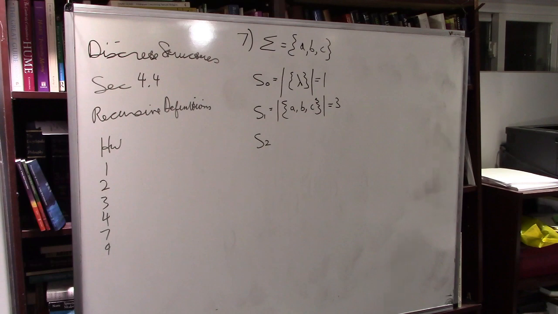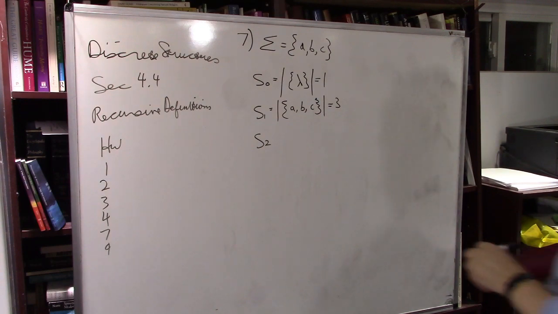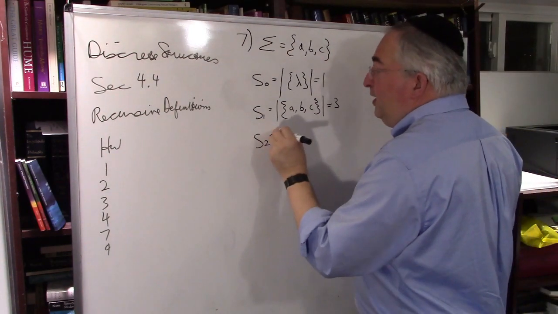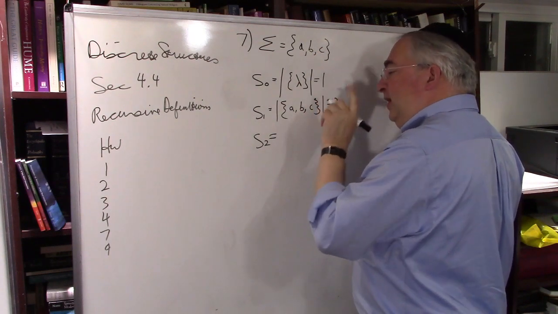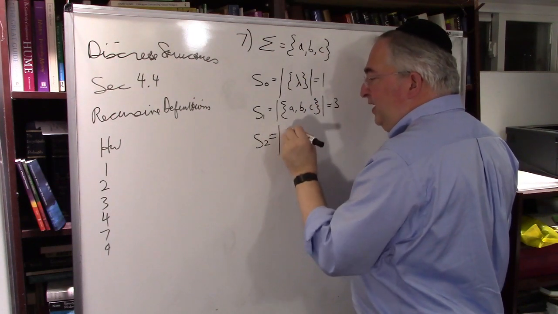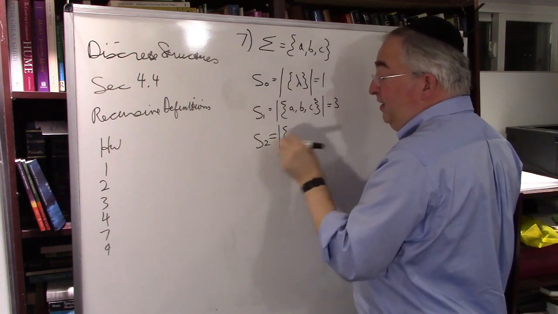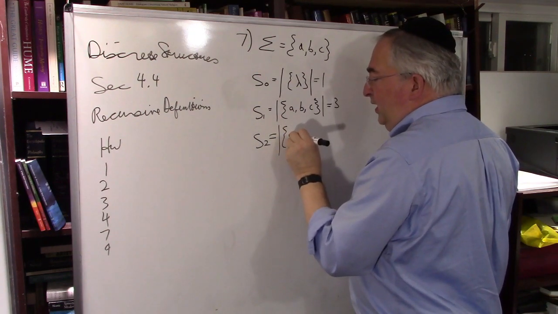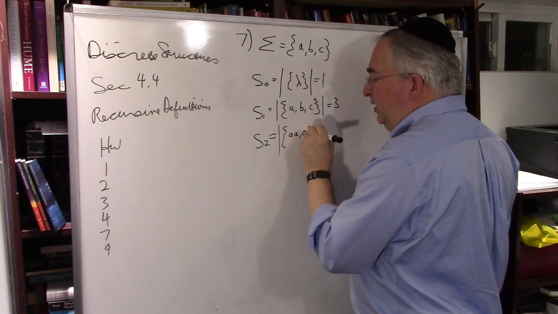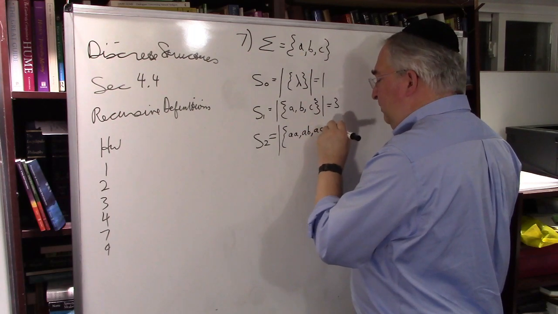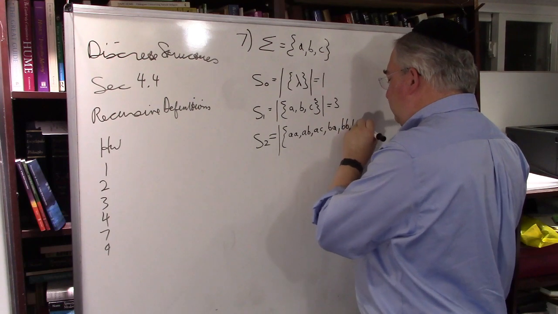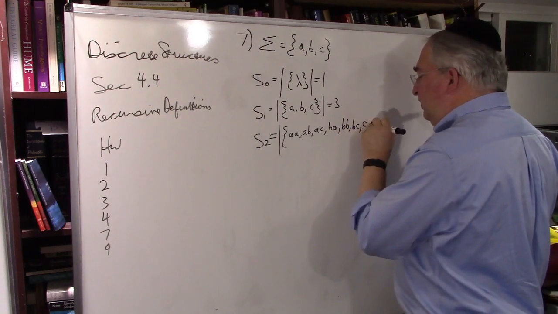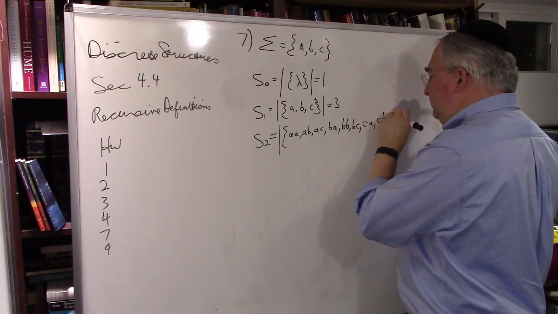Next, S2. S2 is those words in A, B, and C that don't have AA. So let's write down all the words in A, B, and C of length 2. Well, AA, AB, AC, BA, BB, BC, CA, CB, CC.